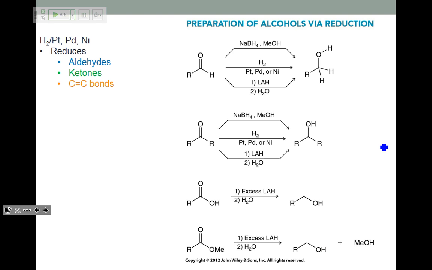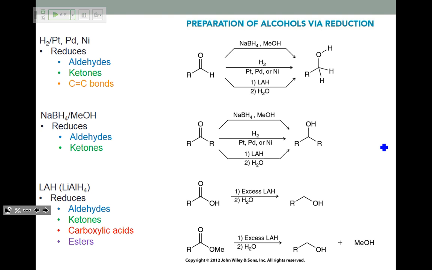It's going to reduce any double bond. However, sodium borohydride and MeOH does reduce aldehydes and ketones, but it won't reduce our carbon-carbon double bonds. And of course, in the next chapter, we're going to be really looking at esters and carboxylic acids and their derivatives. And lithium aluminum hydride will reduce those.